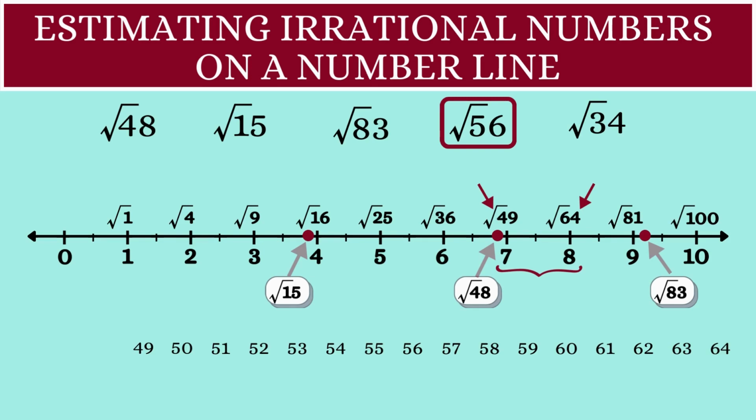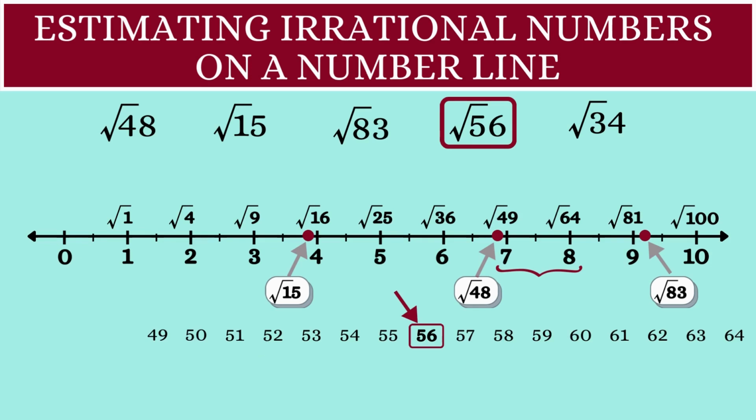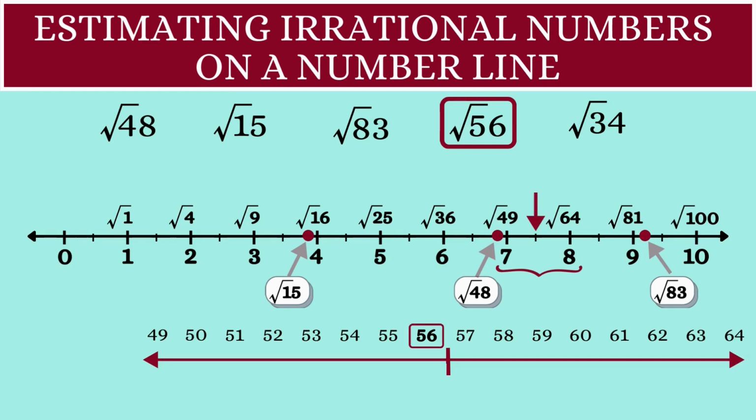The number 56 falls very close to the middle. So, the square root of 56 will lie somewhere at the central point between 7 and 8. So, let's mark root 56 here.